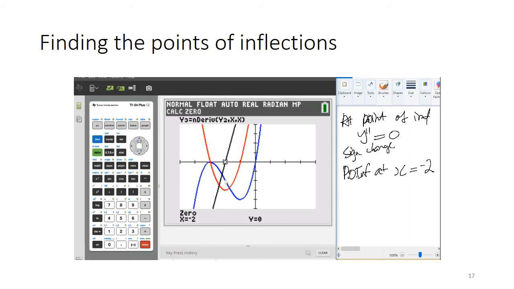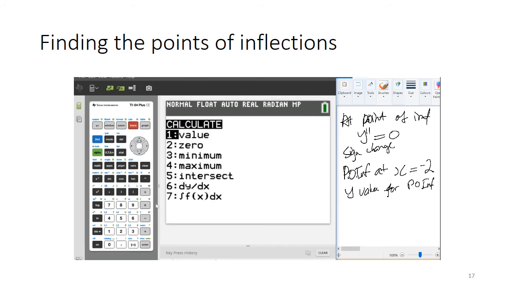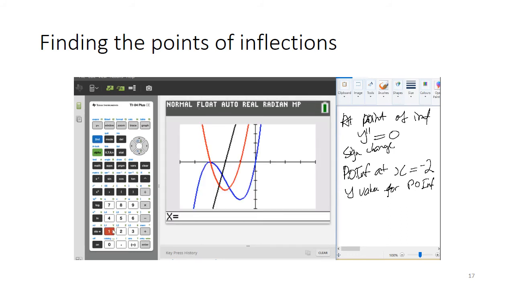We are nearly there, but we still need the y value for the point of inflection. How do we do that? Very simple. Second calc. We want to calculate the value when x equals -2.